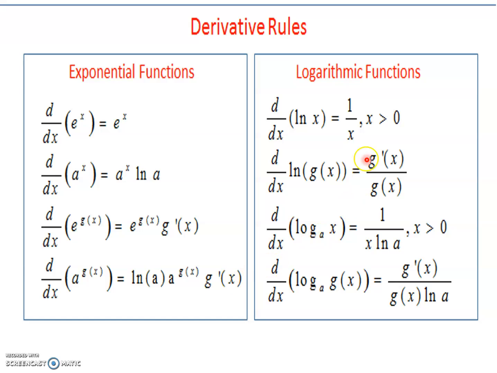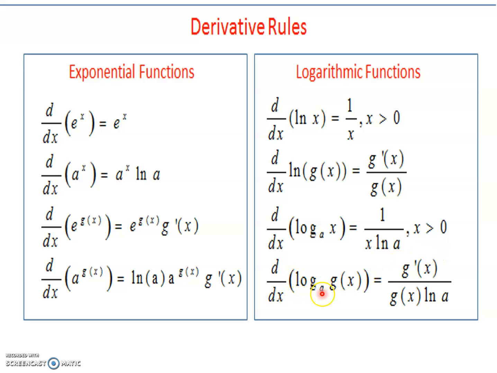Derivative of a raised to g of x is a raised to g of x into ln a into g dash of x. Logarithmic function, derivative of log x is 1 upon x where x is greater than 0, that means it is positive. Derivative of ln of g of x is g dash of x upon g of x. Derivative of log x to the base a is equal to 1 upon x ln a, where x is greater than 0.